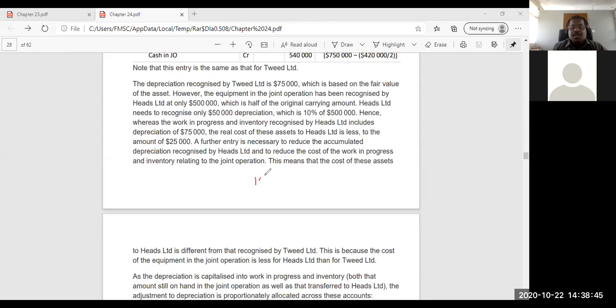Now, initially the carrying amount of the equipment which was introduced is 1 million. But we transfer this as 1.5 million for the operation. So you take half of this. Half of this is 750. Here 500.